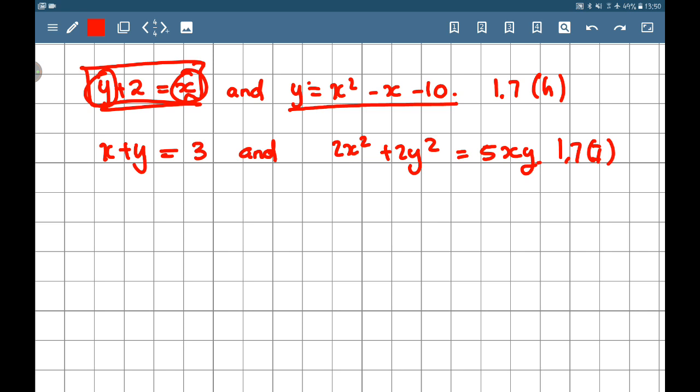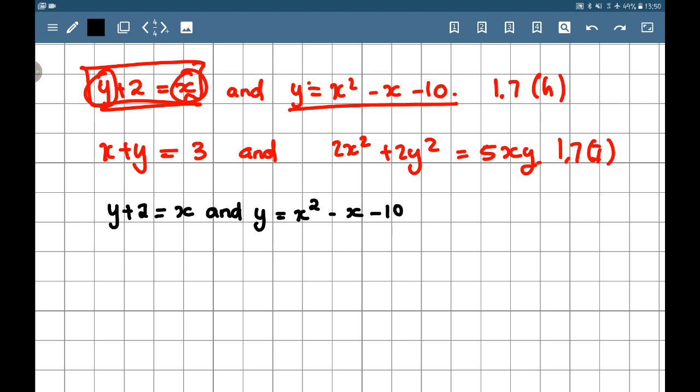Now, let's look at the first one. We have y plus 2 is equal to x, and we also have y is equal to x squared minus x minus 10.